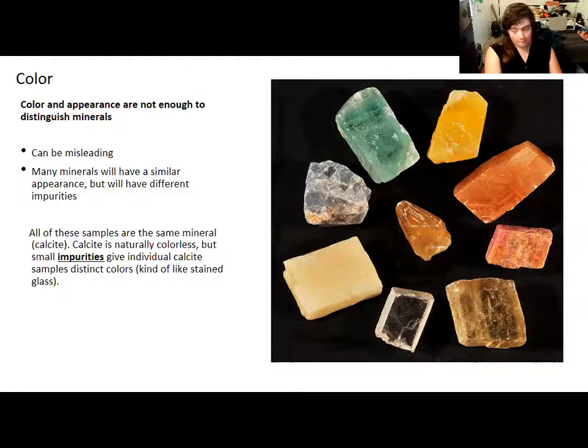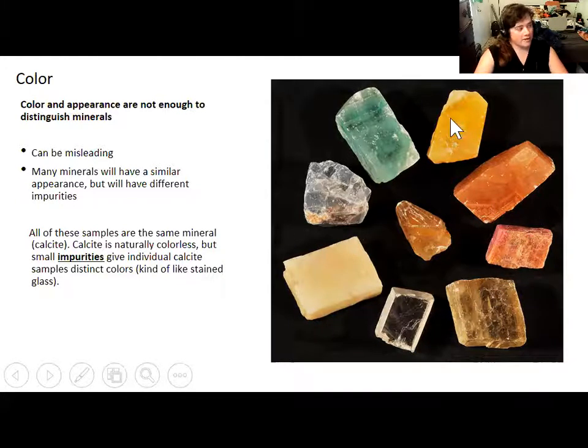But it's kind of like with stained glass. Stained glass is colorless to begin with, and a small amount of impurity in stained glass actually gives it its color. You don't need to put a lot of copper in stained glass to make it blue, and they actually do use copper and cobalt to color stained glass different colors. So all of these are calcite, but the pink one has manganese in it. I know for sure.